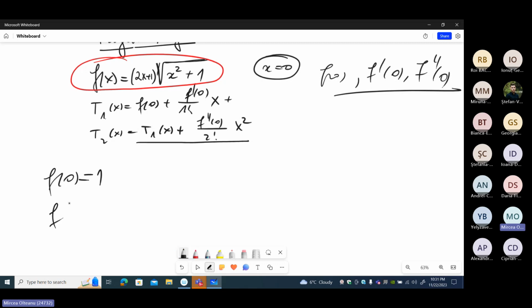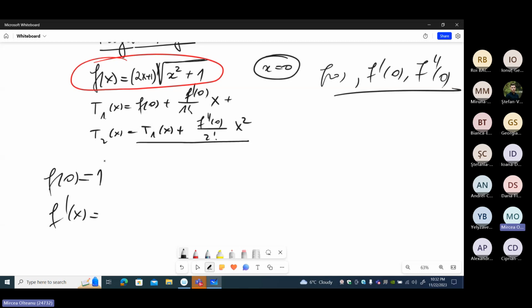Now let's compute f prime of x. Here, attention, you need to compute it properly. Don't make mistakes when you differentiate something, because calculus means, first of all, to compute derivatives and integrals. So don't make mistakes when you compute such things, because these are actually the most important.